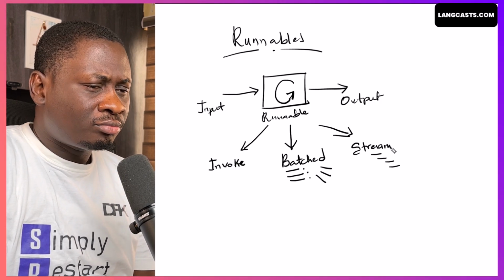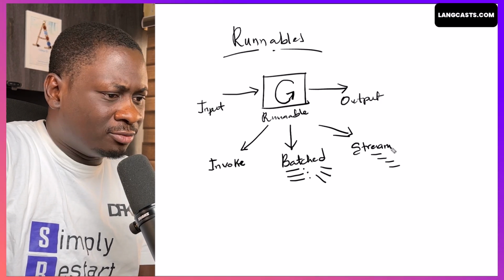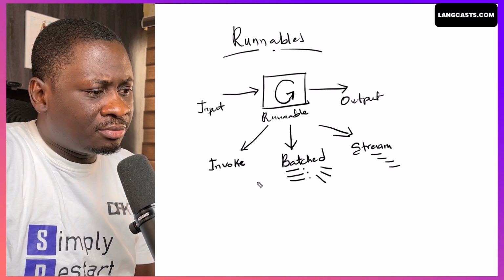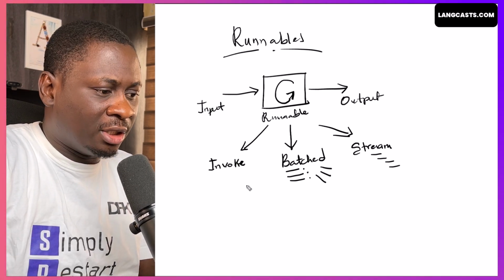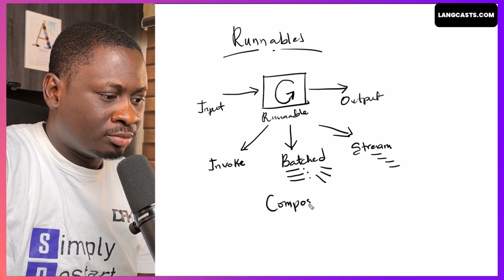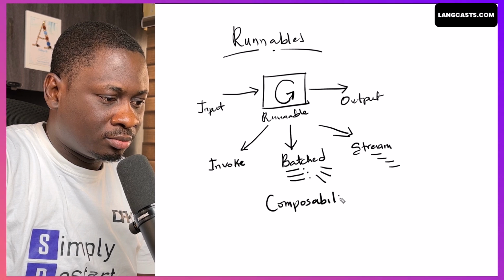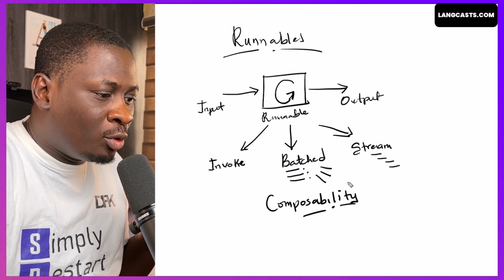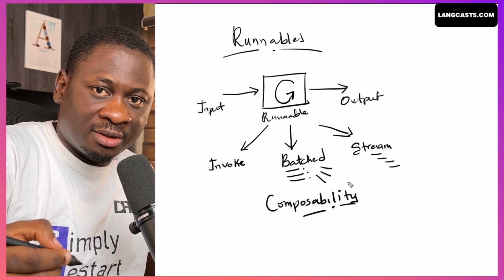But why runnables in the first place? Why is LangChain so high on runnables? The main thing that makes a runnable special is composability. Runnables can be composed together.